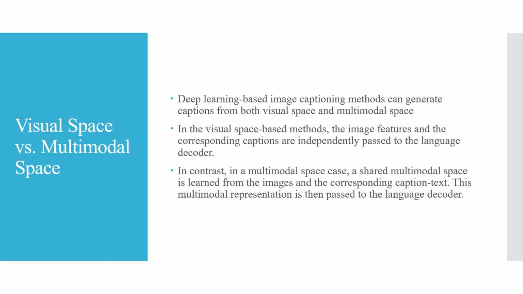In contrast, in the multimodal space case, a shared multimodal space is learned from the images and the corresponding caption text, and the multimodal space part maps the image features into a common space with the word features. The resulting map is then passed to the language decoder. Deep neural networks and the multimodal neural language model are used to learn both image and text jointly in a multimodal space. The language generation part generates captions using the information.